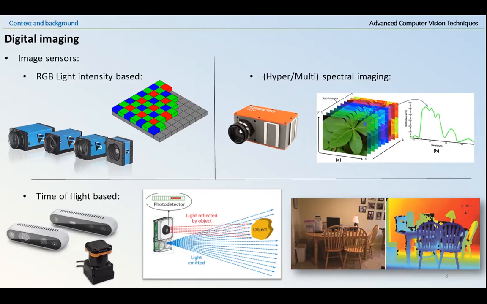We can find this kind of sensor in conventional digital cameras, your smartphones, and a lot of different places. They are based on an array of light sensors that detect specific light wavelengths that are categorized as red, green, and blue. This is RGB. With the combination of these three bands or colors, we can represent any human observable color in a digital way.